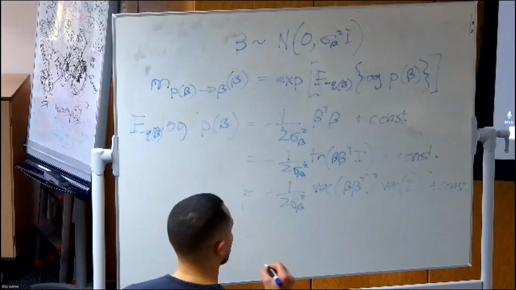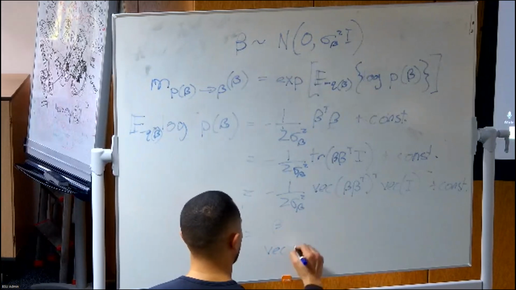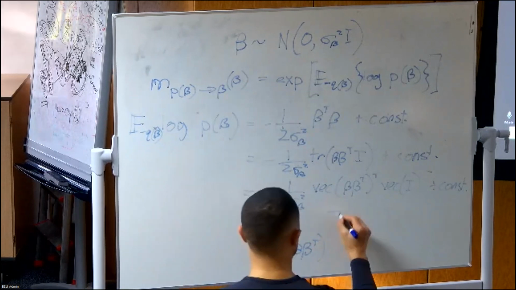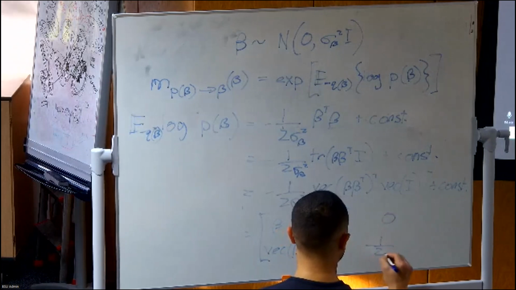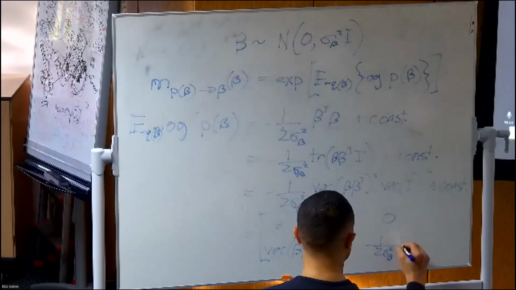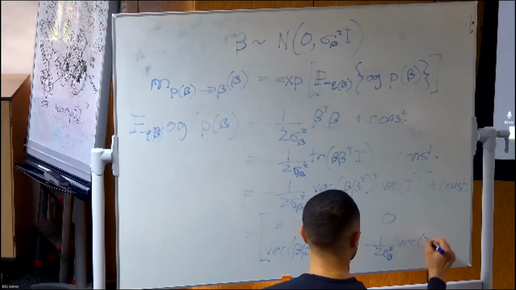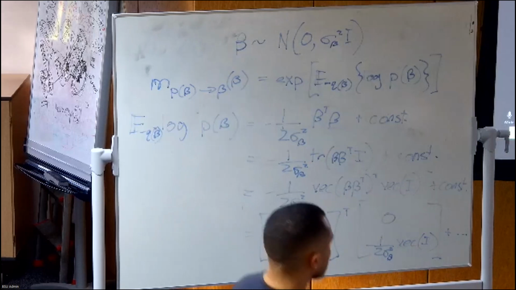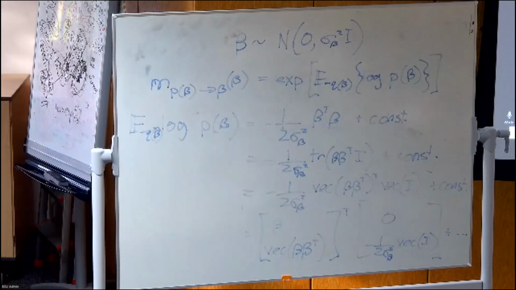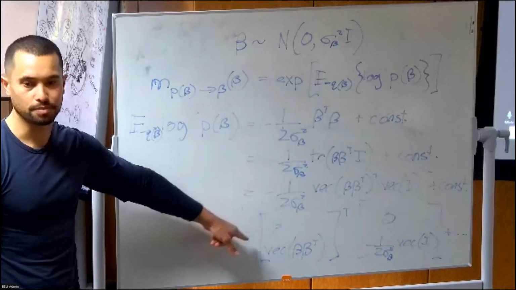And then this has the form... and this is basically the logarithm of the Gaussian density function in exponential family form.